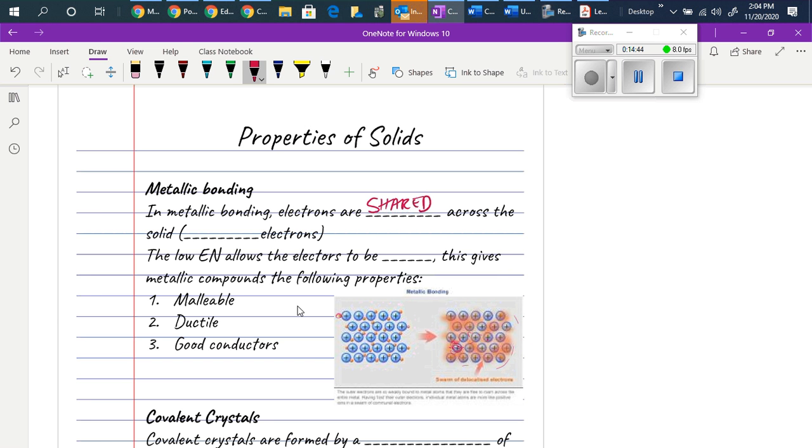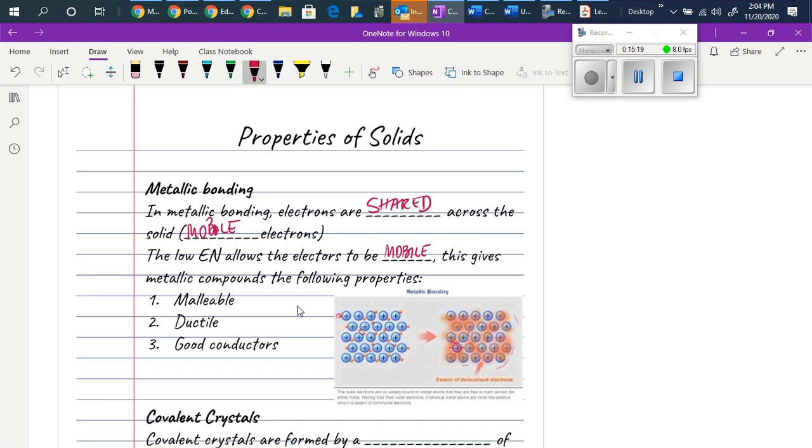So the repulsion and attraction of the electrons between the atoms of metals is happening consistently, creating what is known as mobile electrons. The low electronegativity allows electrons to be mobile, to move from one nucleus to the other.